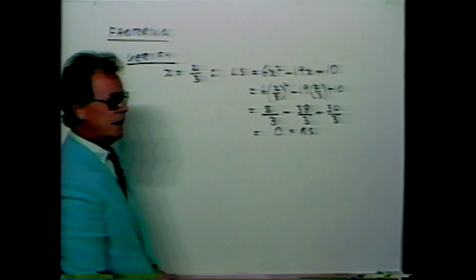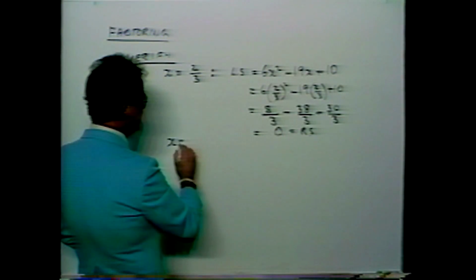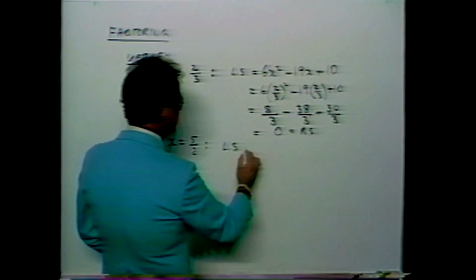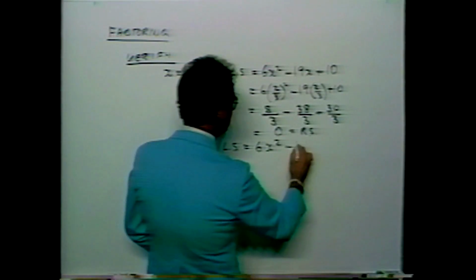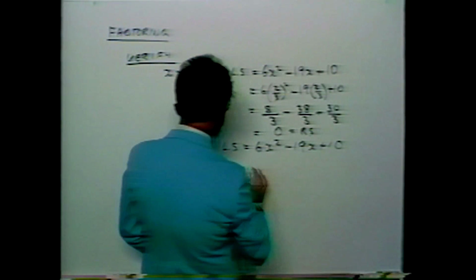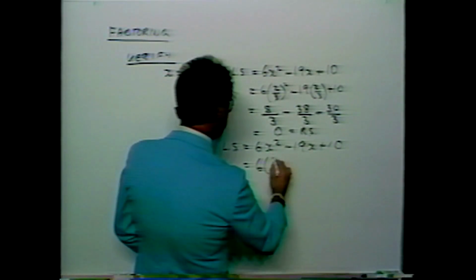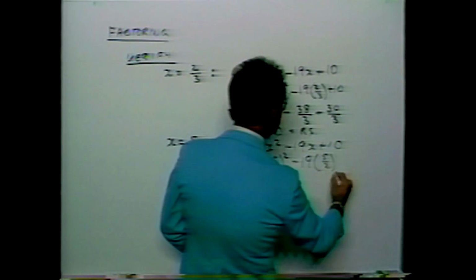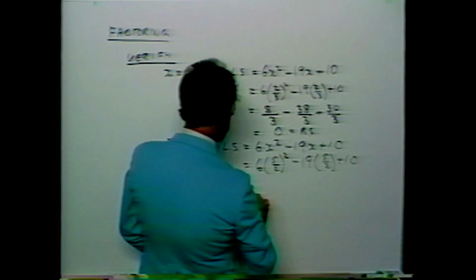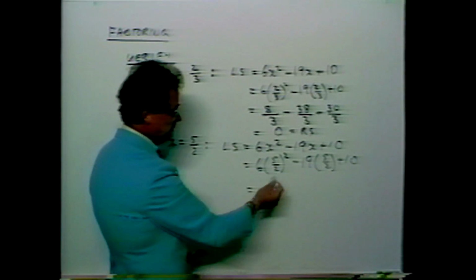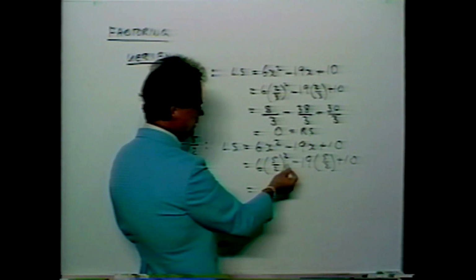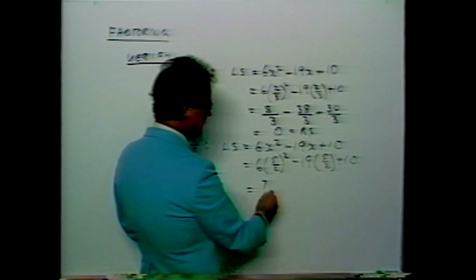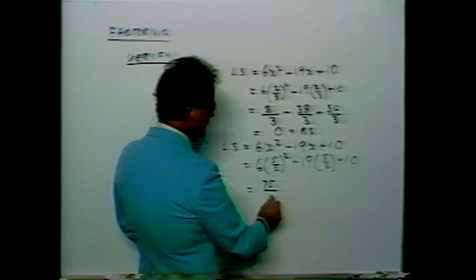Repeat the procedure with x equal to 5 halves. Left side equals 6x squared minus 19x plus 10. 6 times 5 over 2 quantity squared minus 19 times 5 over 2 plus 10. Simplifying, 5 over 2 quantity squared multiplied by 6, the amount is 75 over 2.